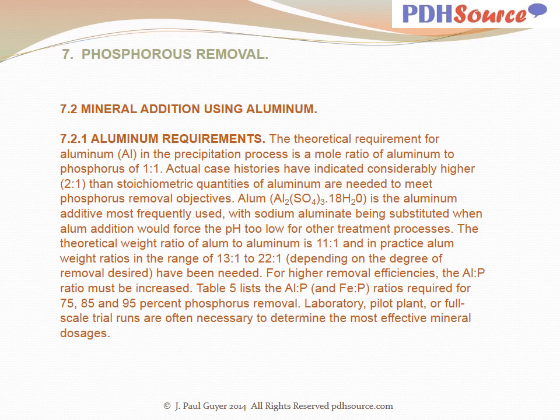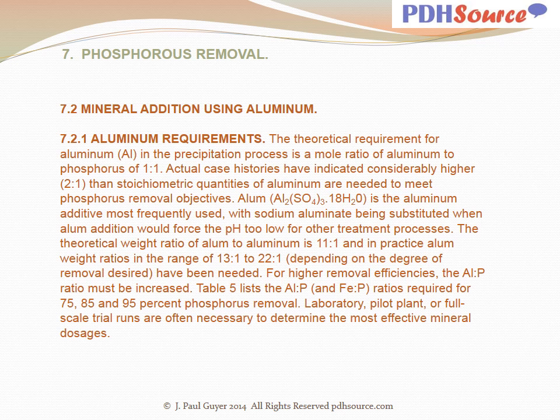The theoretical weight ratio of alum to aluminum is 11:1, and in practice alum weight ratios in the range of 13:1 to 22:1, depending on the degree of removal desired, have been needed. For higher removal efficiencies, the aluminum to phosphorus ratio must be increased.